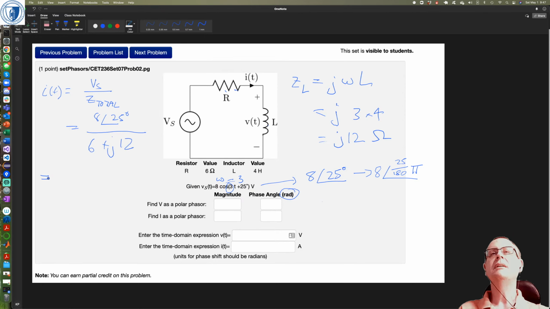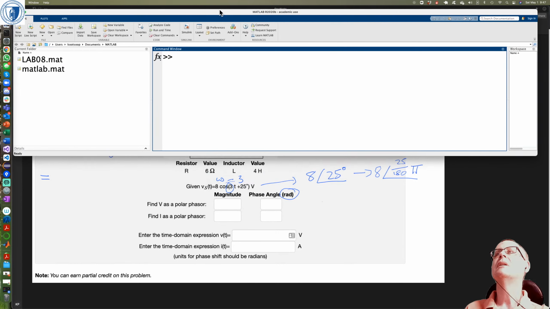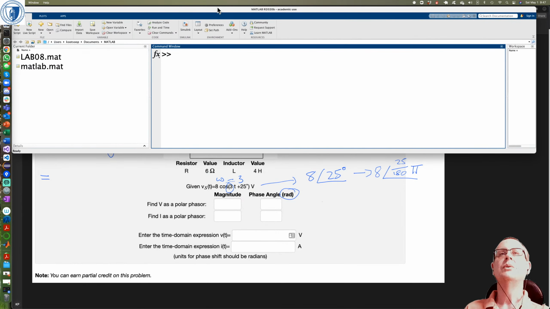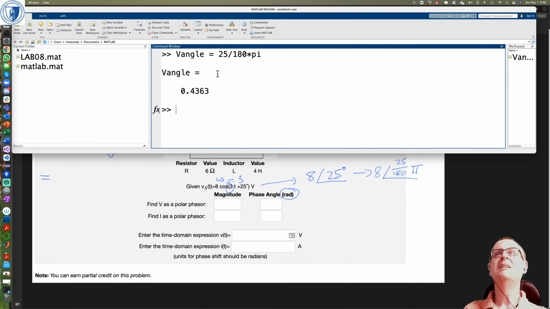And I can't do that in my head, so let's go over and get Matlab. I think it fired up. There it is. So let's just get V angle equals 25 on 180 times pi, right? 0.4363.